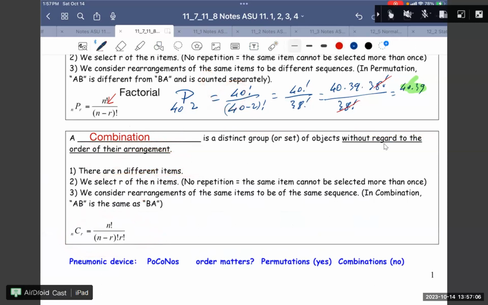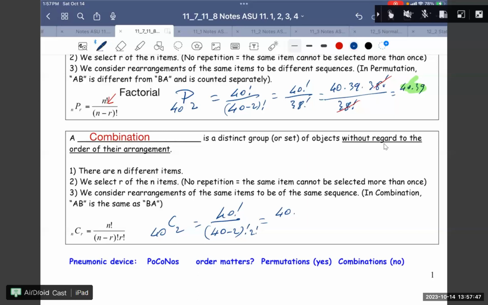So we can say 40 C 2. The difference between this one and this one is that for this one we have to divide by the factorial, but this one is not. So this one 40 over 40 minus 2 factorial, and also we have 2 factorial.